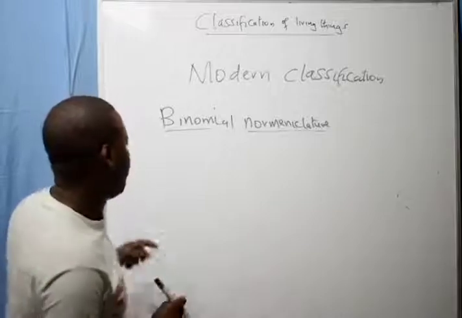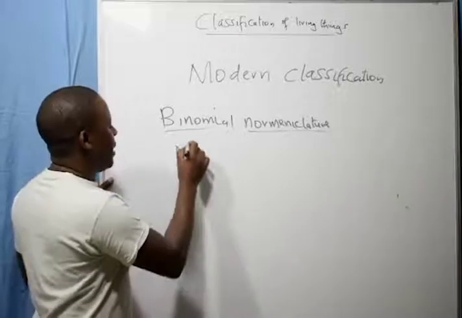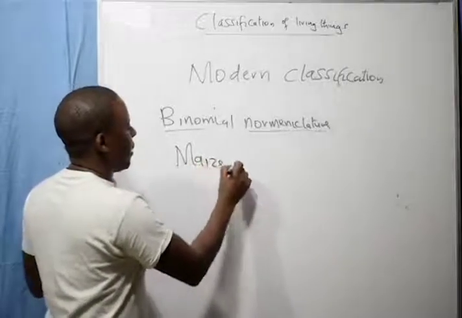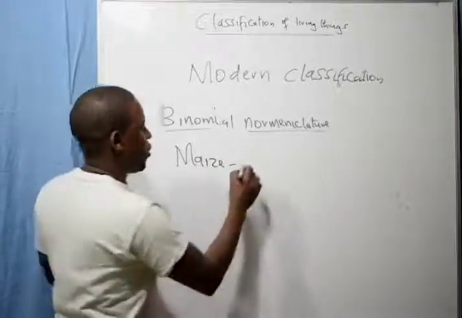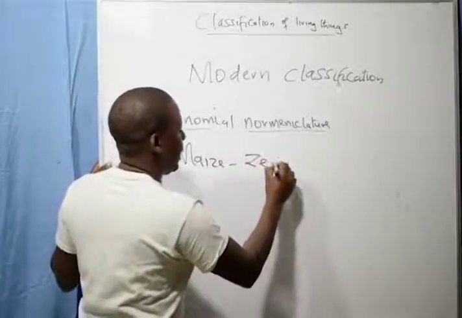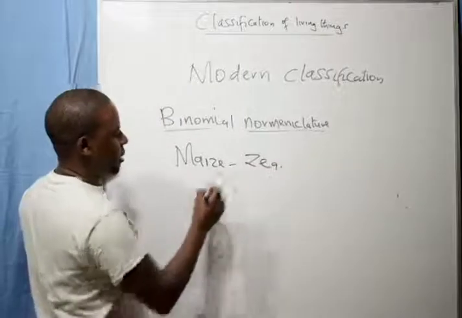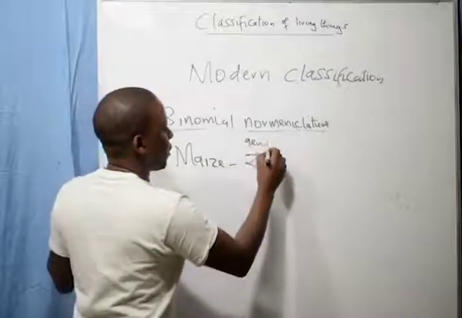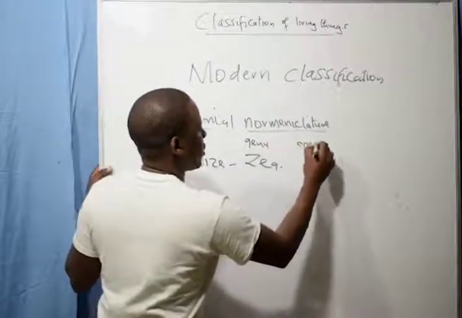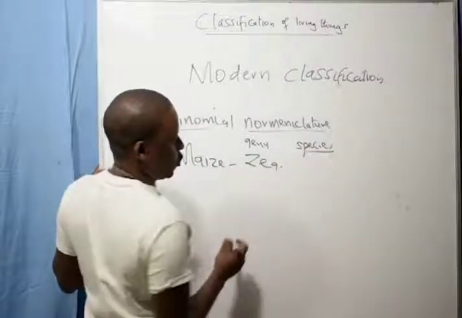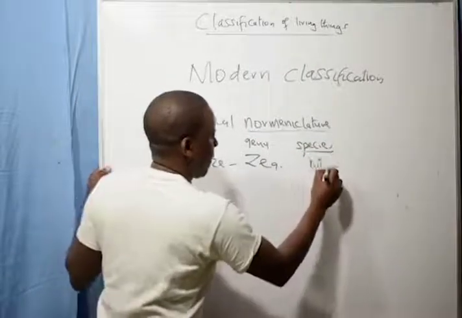For example, a plant like maize belongs to a genus called Zea. That's a genus. The species where maize belongs is known as maize.